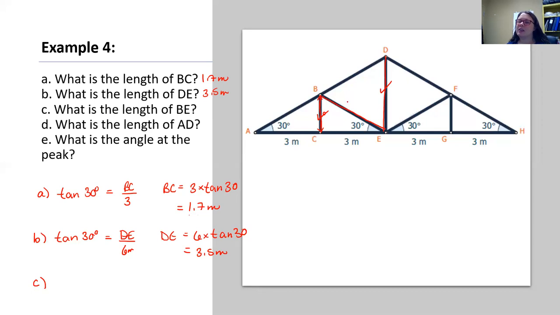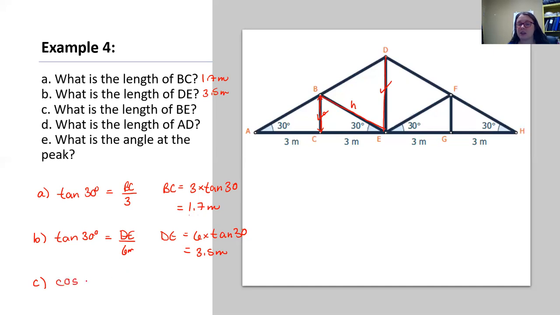Well, if you look at it, this is a hypotenuse. We have a 30-degree angle in here, and we have a hypotenuse here. We also have an adjacent side. So the ratio that uses hypotenuse and adjacent is cosine.